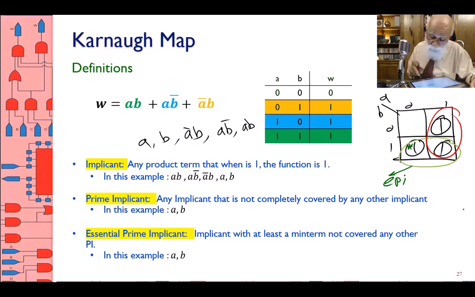But then the one on top, true, an implicant covers it, but no other prime implicant other than the red one covers it, and therefore this one qualifies my red prime implicant as being an essential, and therefore this is also EPI.